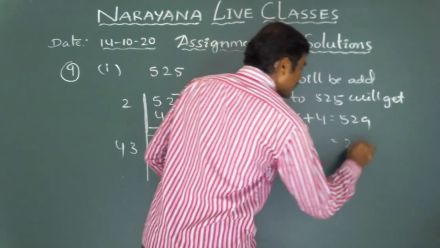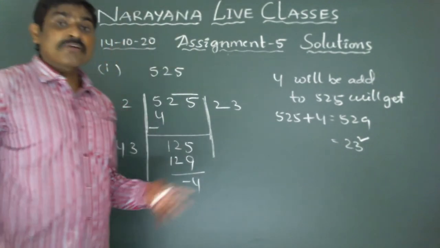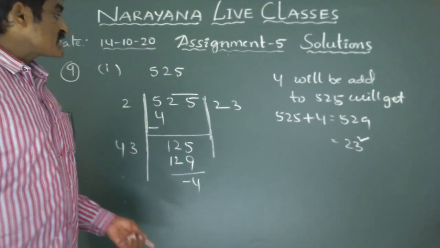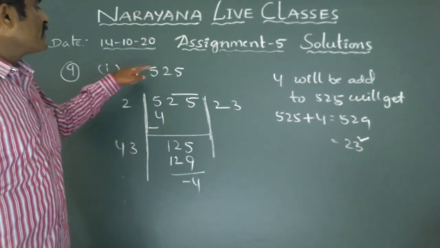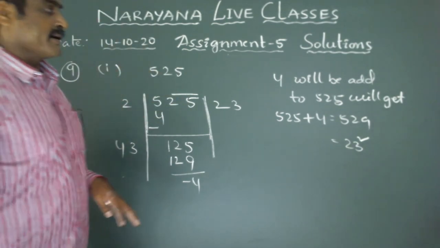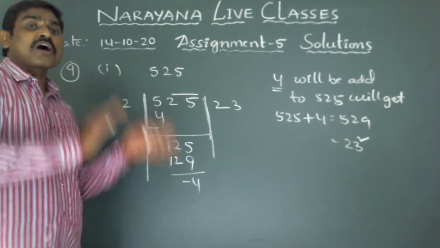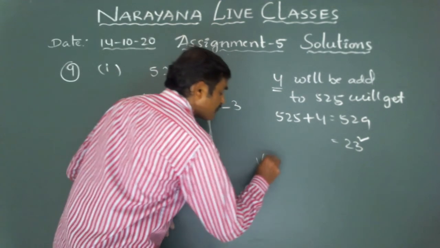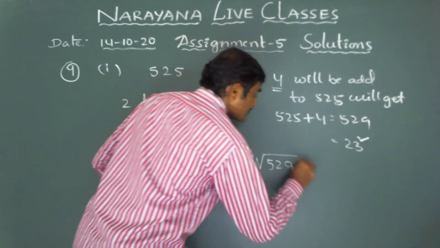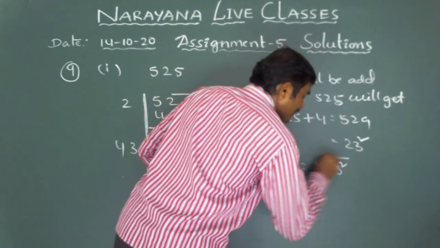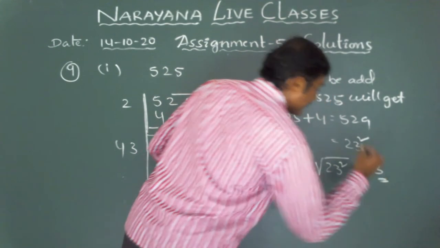This is 23 square, so it becomes a perfect square. That's why, to get the perfect square, 4 will be added to the given number. Our answer is 4. And they are also asking to find the square root of that perfect square. The square root of 529 is equal to the square root of 23 square, which is equal to 23.